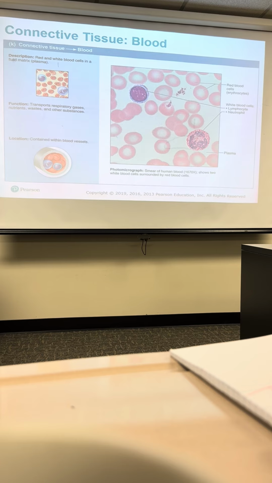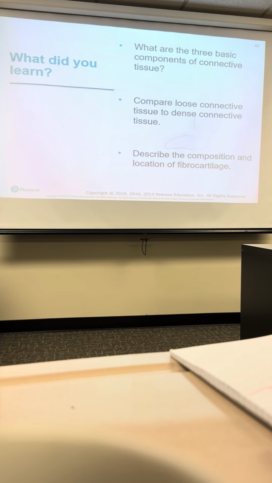Red blood cell, white blood cell, and the platelets. Plasma is not a cell. Plasma is the liquid part of the blood. So these are the different types of cells.